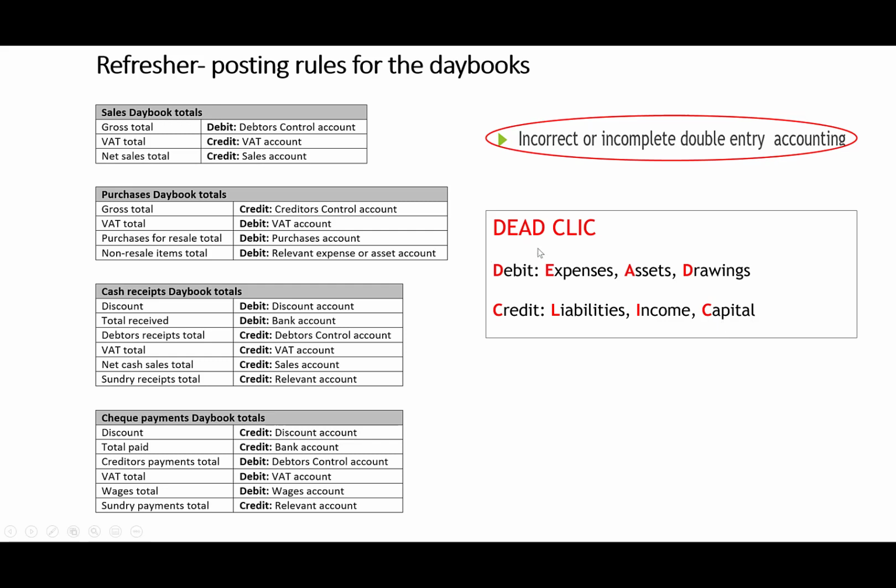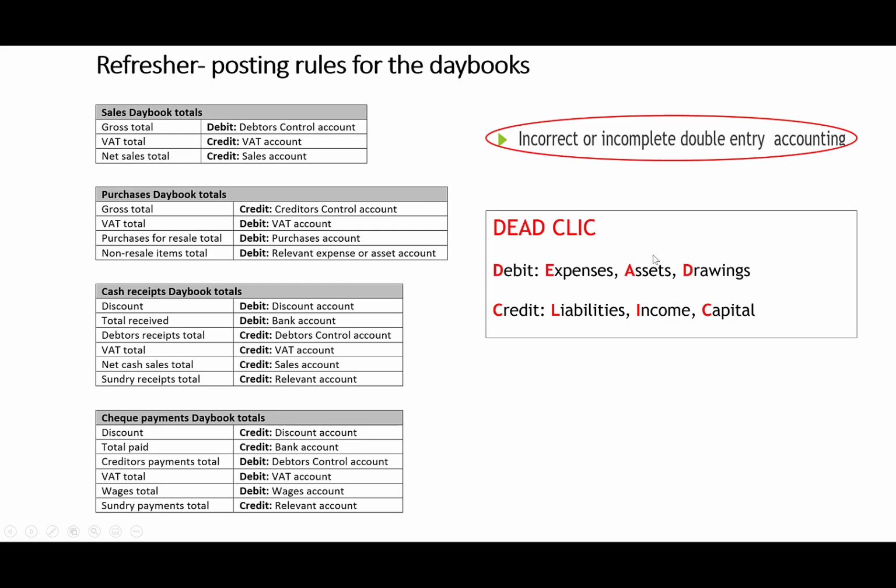Now these rules are being applied in each of these posting rules for each day book. Just to take the sales day book to illustrate how these rules apply. So the gross amount that you sell is owed to you by your customers. So customers are assets. Okay, so you want to increase what your debtors owe you. So debit debtors.